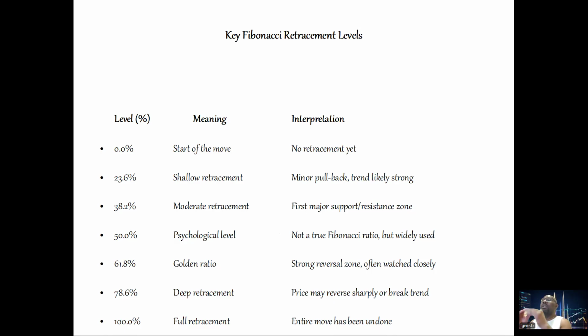Resistance is what? A level where sellers wait for price. As soon as price gets to that level, they will push the price down. While the support level is a level where buyers will wait for price. As price comes to that level, they will push the price up. It's as simple as that. All right.